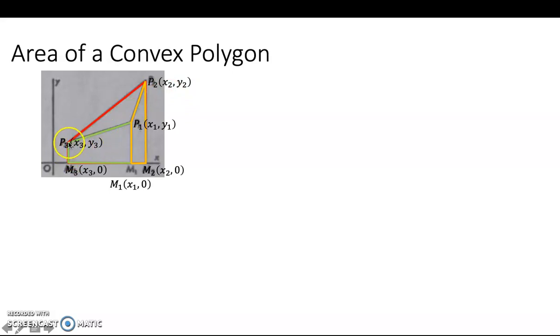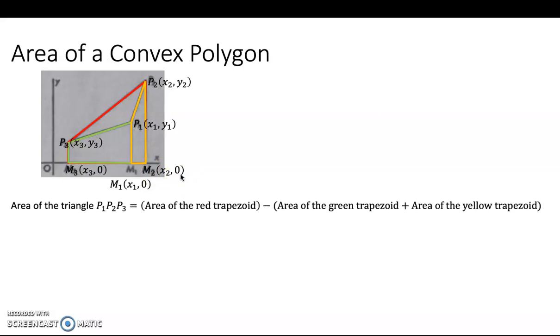Since we just simply drop lines parallel to the y-axis, therefore M3 is just (x sub 3, 0), M1 is (x sub 1, 0), and M2 is (x sub 2, 0). So again, the area of the triangle is simply equal to the area of the red trapezoid minus the sum of the areas of the green trapezoid and the yellow trapezoid. Okay, let's first start with the red trapezoid.